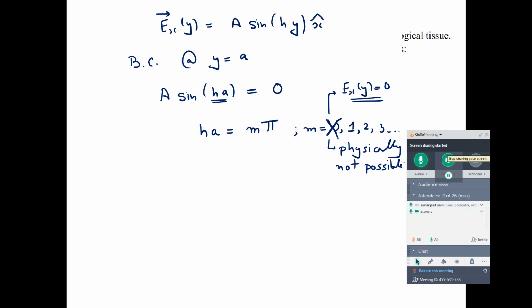Physically it's trivial. So m is going to take some integer values, which tells me that this h term is discretized. H is m pi by a, where m is some integer value. So this h term becomes discretized.